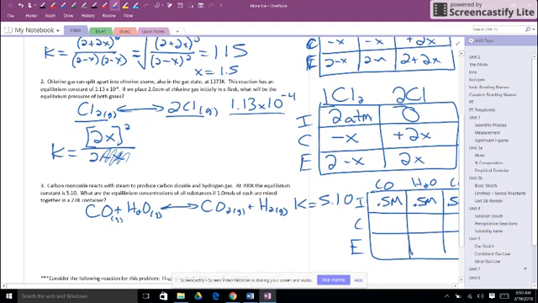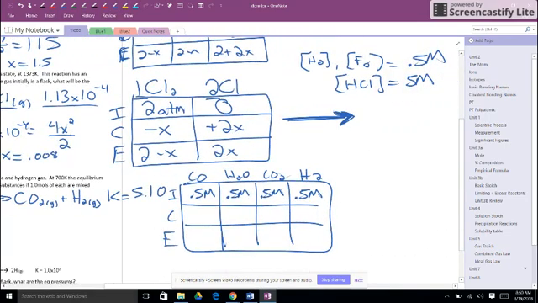Okay, so now K was 1.13 times 10 to the negative 4. That's going to equal (2x) squared, which is 4x squared. We need to remember that 2x was in parentheses still. So it equals 4x squared divided by just 2. Now we can just do some algebra. We solve for x. x is equal to 0.008.